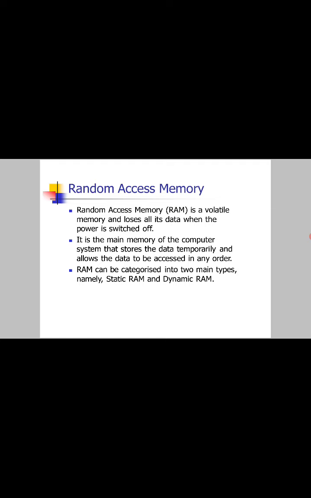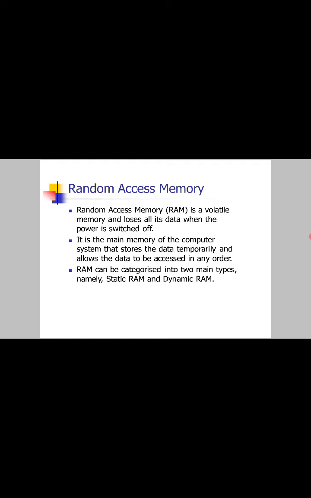It is also a volatile memory, as we already discussed, meaning whenever the power supply is gone, all the data or information will be automatically lost or erased. Primary memory is also called main memory.